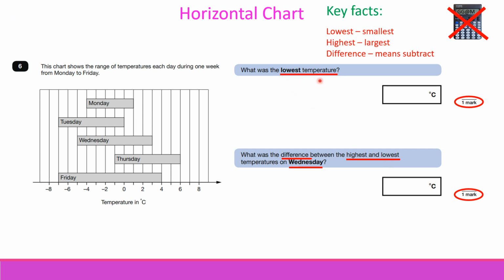So to start with, we're going to look at the lowest temperature. If you look down here, we've got temperatures here. On a Thursday we've got 6, which is my maximum temperature, but we're looking for the lowest. So we're looking down here, which is the lowest bar. We can draw a line across here, which takes me to the lowest bar, which is the lowest temperature on Tuesday and on Friday.